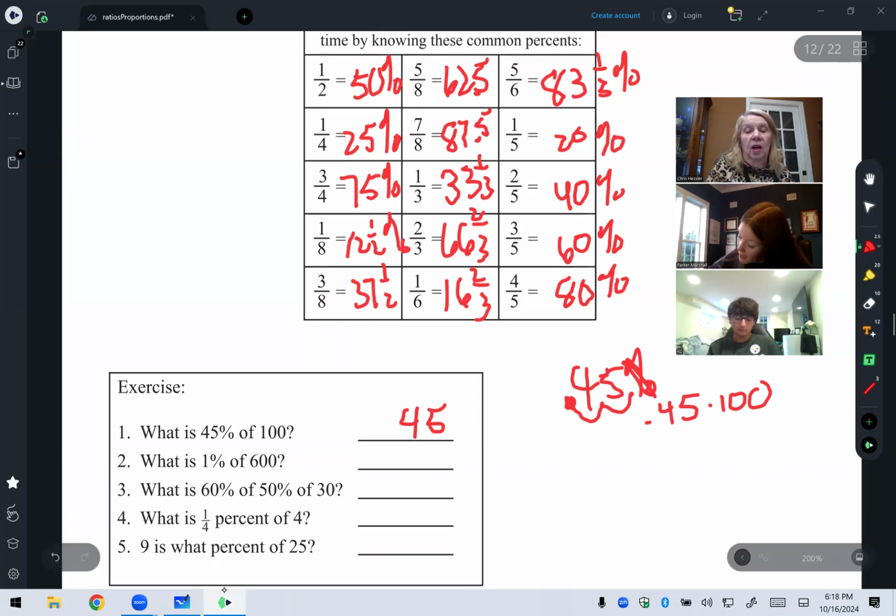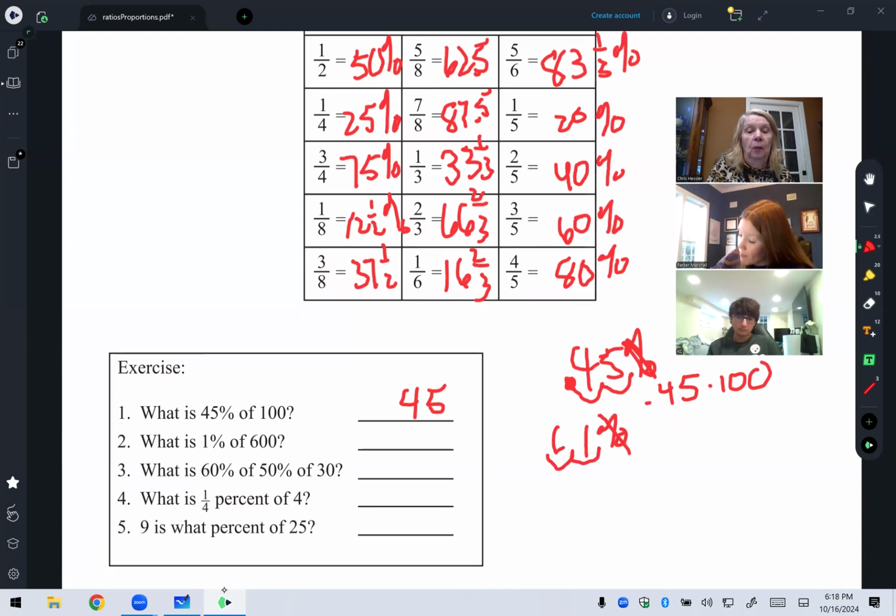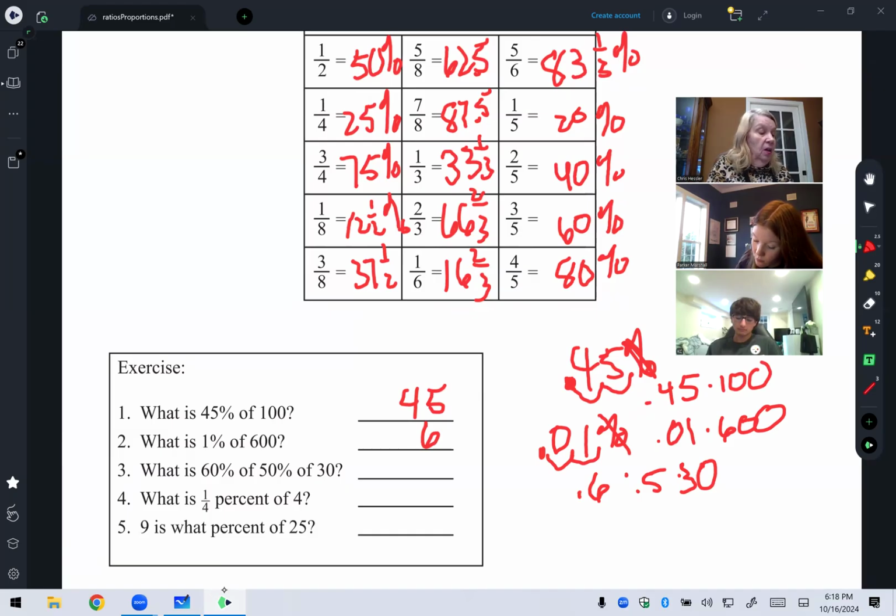So 1%, we drop the percent, move it, make a little butt. So it'll be 0.01 times 600, which is 6. If we have a multiple one, we just do 0.6 times 0.5 times 30. Put that in the calculator and we'll get 9.